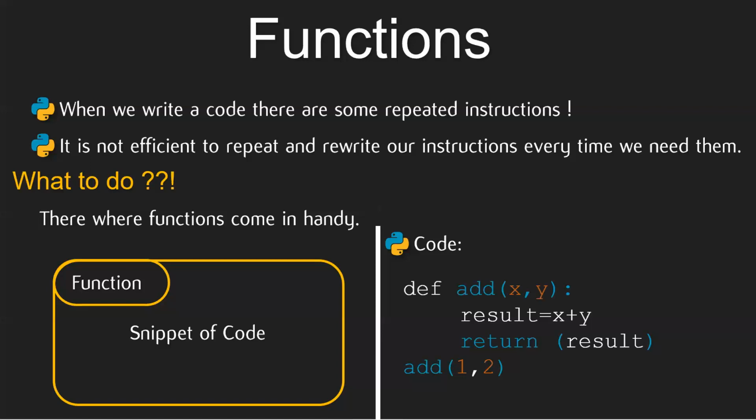If they need the code in multiple places, they just write the code in a function or in a class and start using it. So for now, we'll be talking only about functions, and I will show you how to write a function. Okay. Now let's check some examples that use a function.